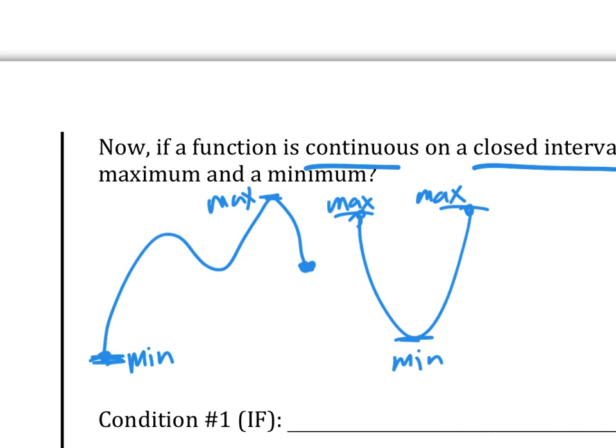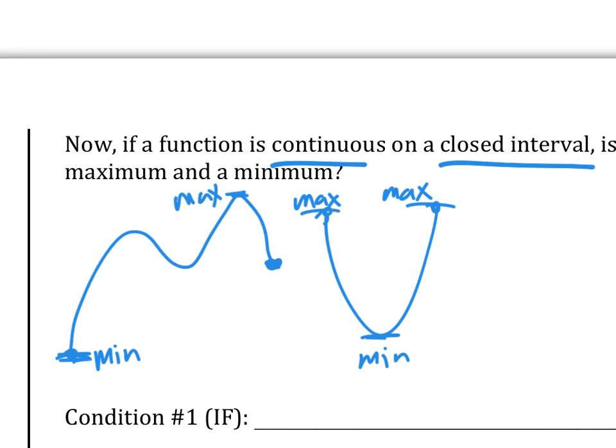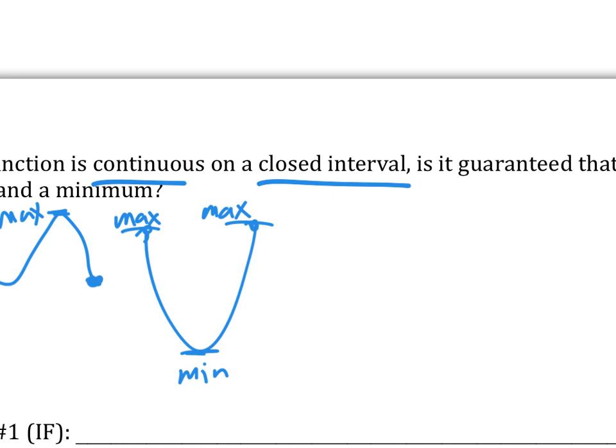If a function is continuous, does it have a maximum and minimum? Let's try the most extreme case: a straight, flat line. It's continuous on a closed interval. Does it have a maximum and minimum? Yes, the maximum is its minimum. So just think about the extreme case.